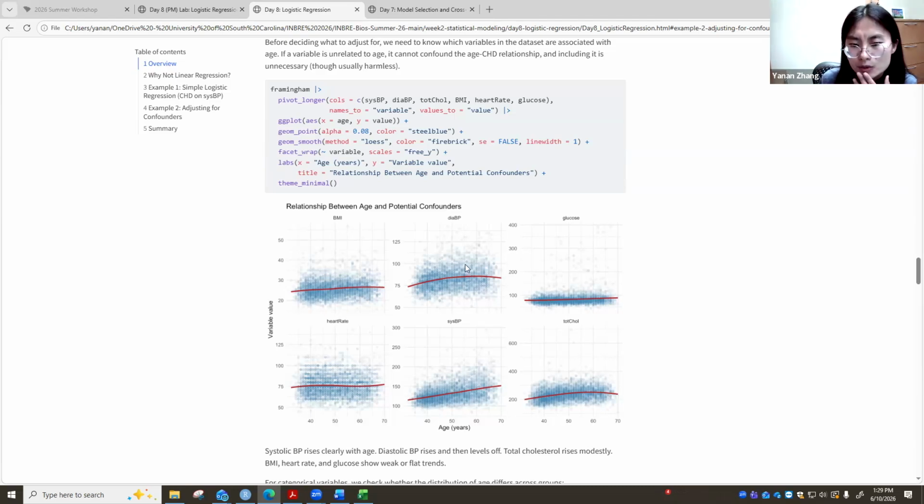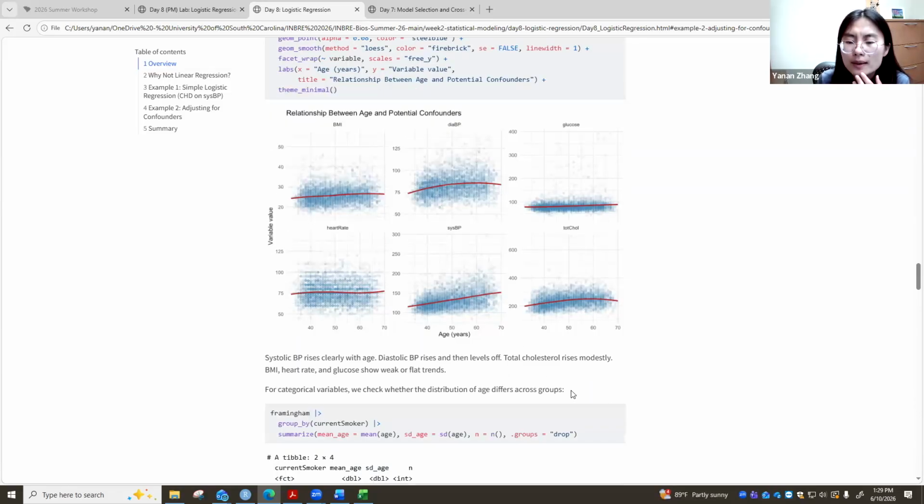So from these six plots, probably systolic blood pressure and total cholesterol level have a pretty strong relationship with age, right?